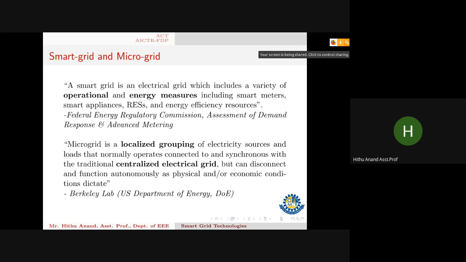There we are proposing evolutionary algorithms, and this is taken from the Federal Energy Regulatory Commission. A microgrid is actually a small grouping of sources, and it may be connected with a central grid, or it can be an isolated standalone system. These are all taken from a reference, the U.S. Department of Energy.